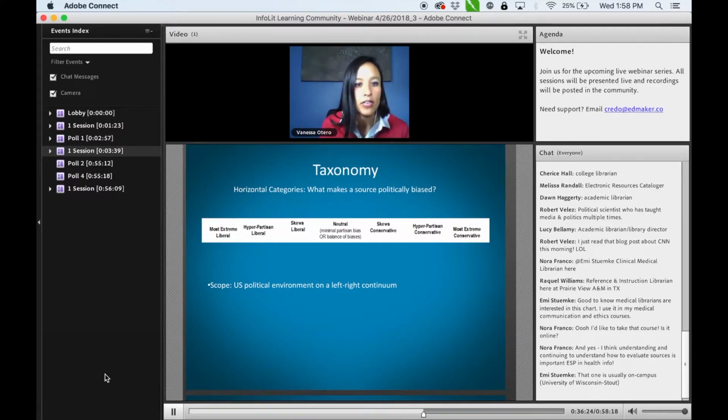And it's on the left-right continuum, and some people have an issue with that, given that some people's political beliefs don't fall on a strictly left-right continuum. For example, libertarians typically object because they feel their views are not represented on a strict left-right continuum.